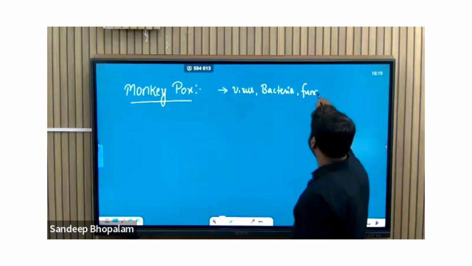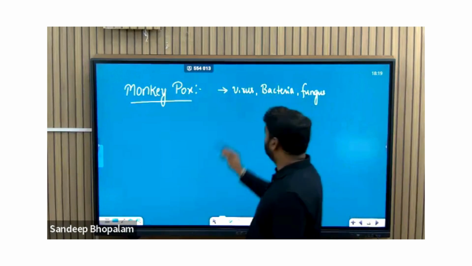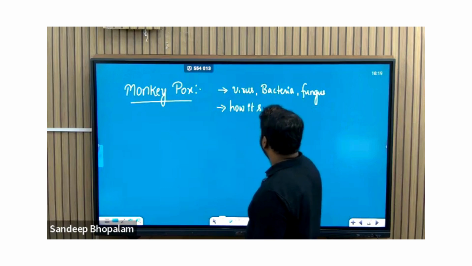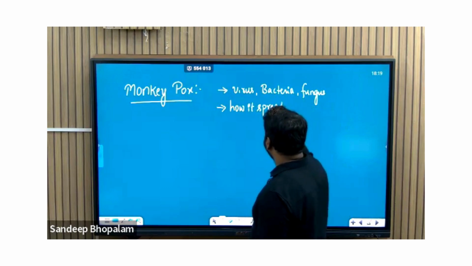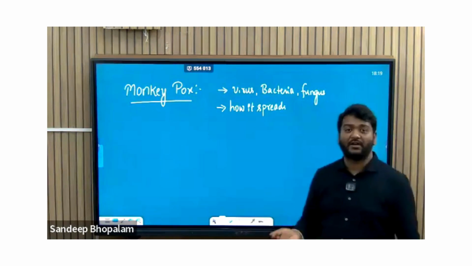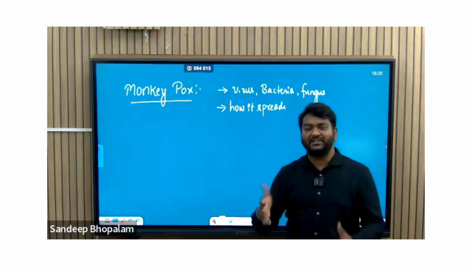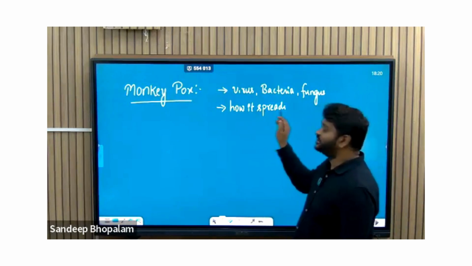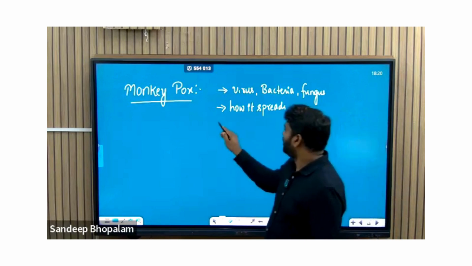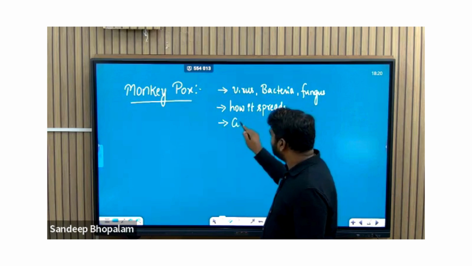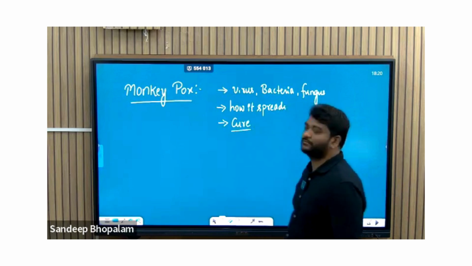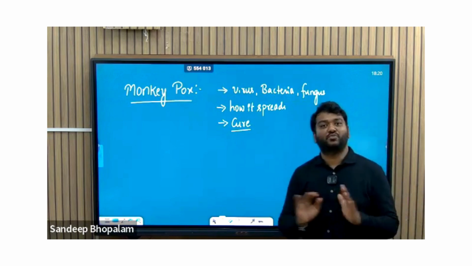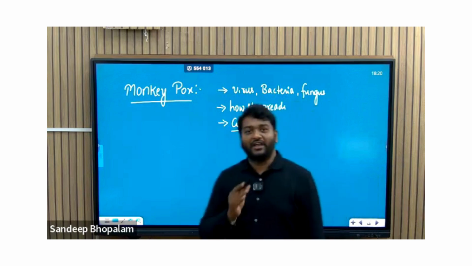Is it a fungus? Then how it spreads. Is it through contact? Is it through sneezing, water? You might have seen if someone touches, even that area gets infected. And whether any medicine or cure is available. This is very, very important. These three, if you can see, that's more than enough.